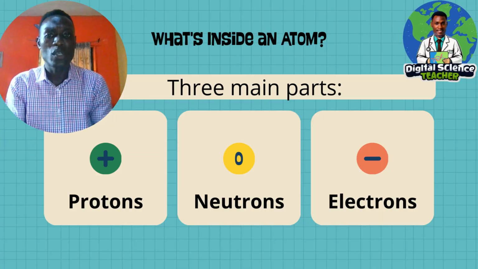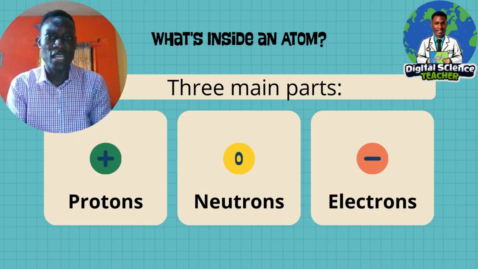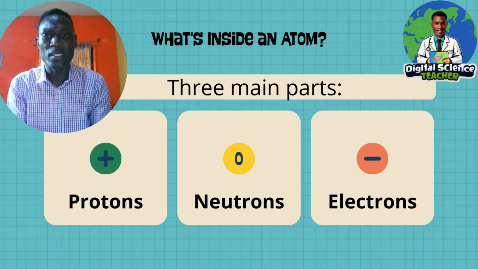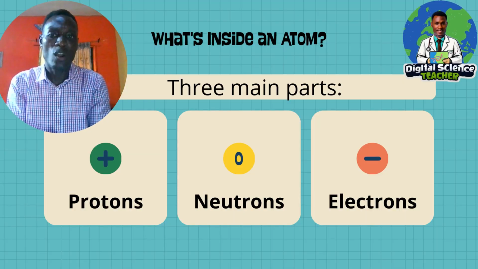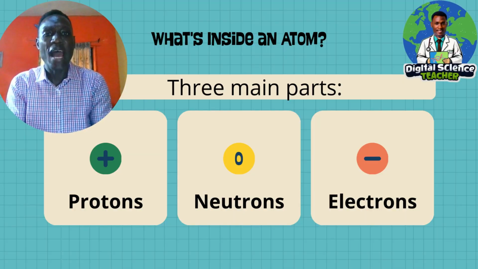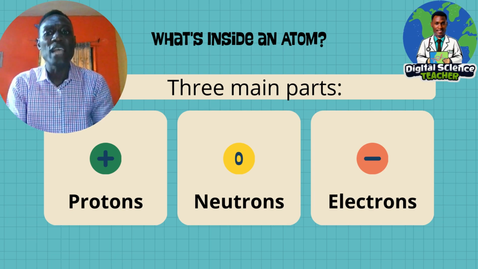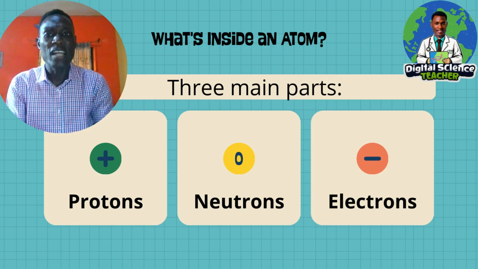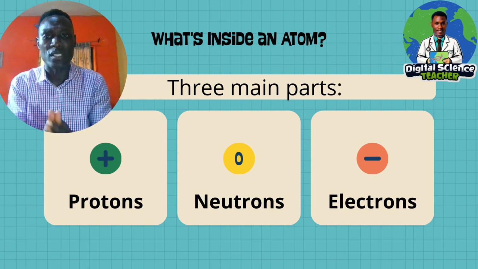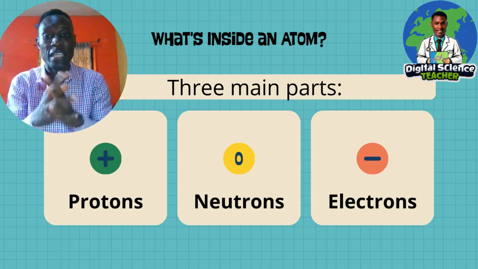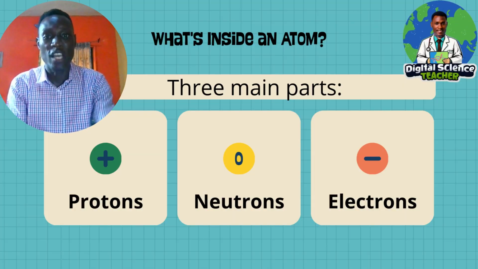The neutrons have no charge, that is, they have a zero charge. They are also located at the center of the nucleus. Then we have the electrons. Electrons are negatively charged and they are located on the orbit, revolving around the atom in the shell.